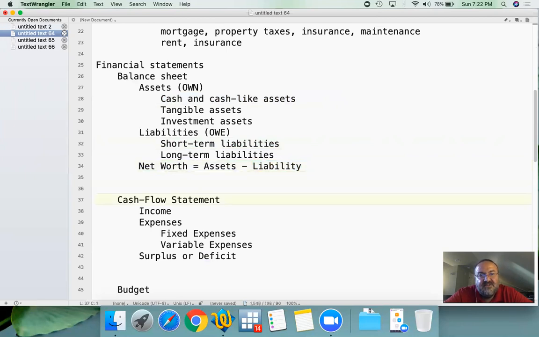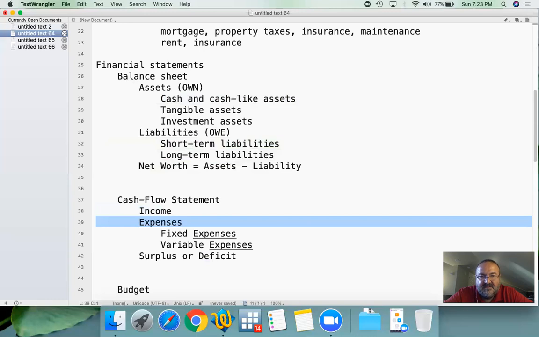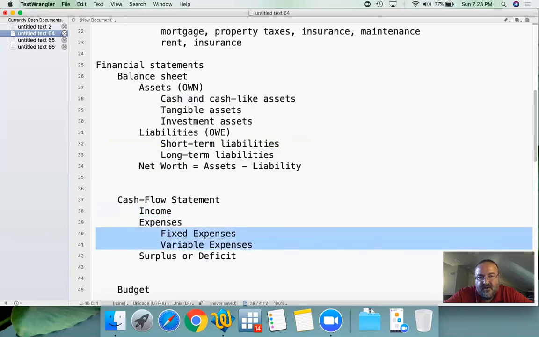The second financial statement is our cash flow statement. On a cash flow statement, we have our income, we have our expenses, and then we have what's called a surplus or a deficit. Now, surplus is good, deficit is bad. And income can be several different things. It could be wages, salaries, tips, and expenses could be fixed or variable expenses.